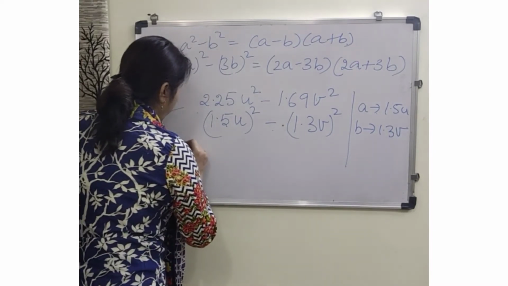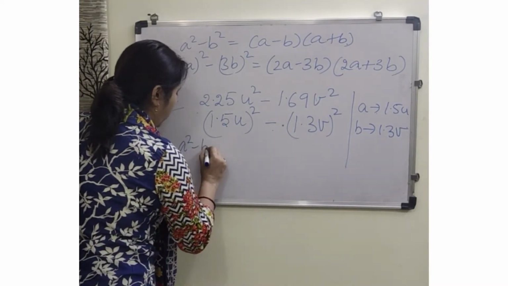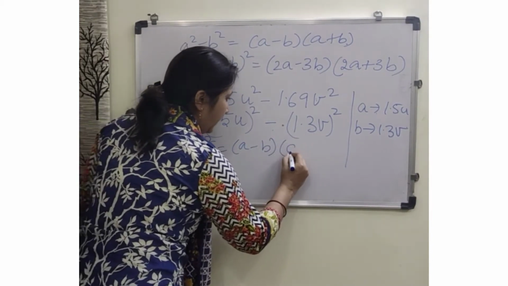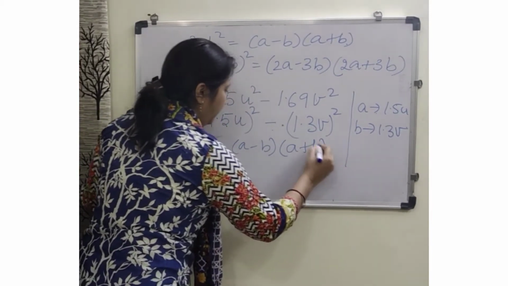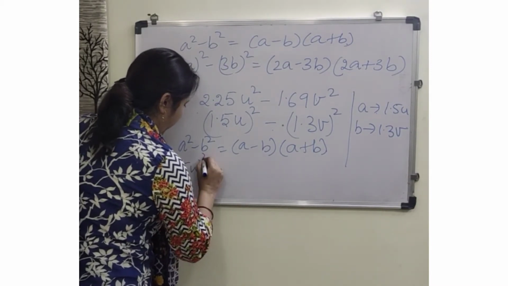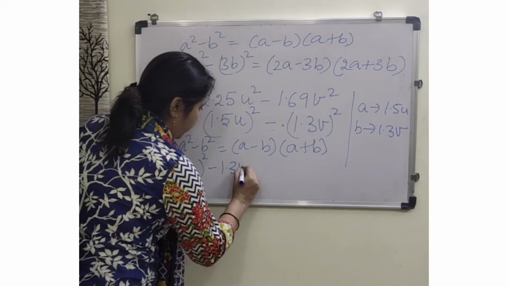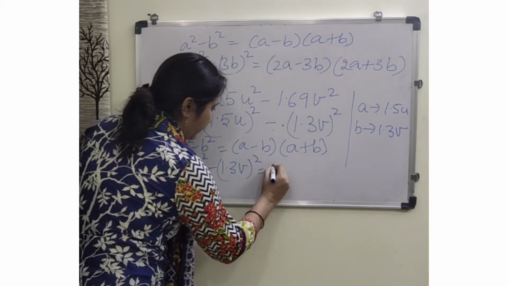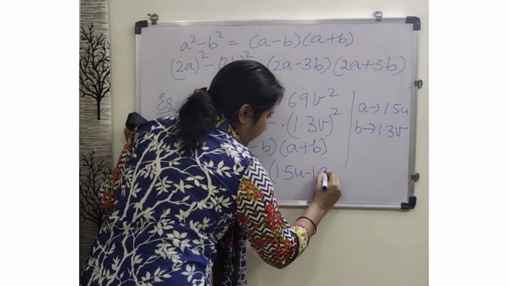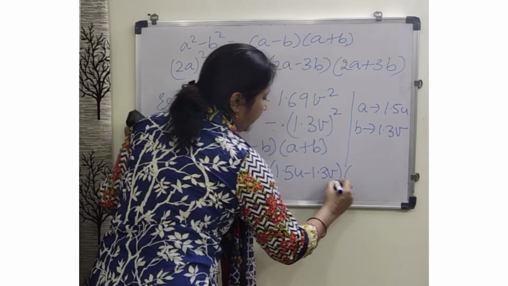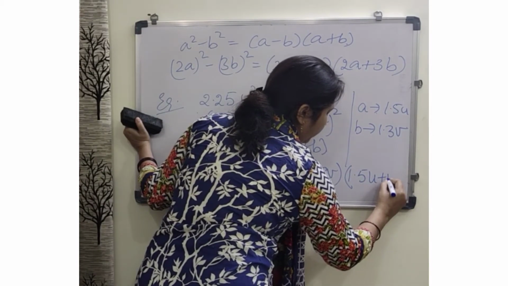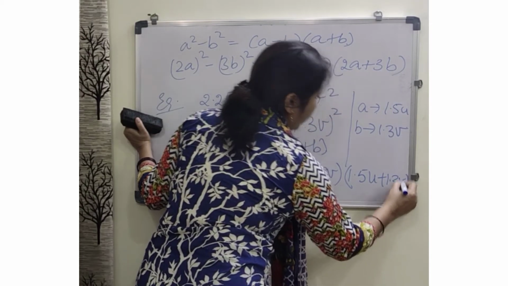Now write the identity that you are going to use. a square minus b square is equal to (a minus b) into (a plus b). So (1.5u) whole square minus (1.3v) whole square is equal to (1.5u minus 1.3v) in one bracket, and in another bracket you will get (1.5u plus 1.3v).